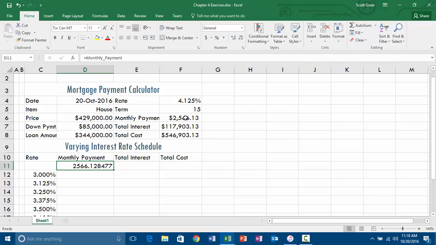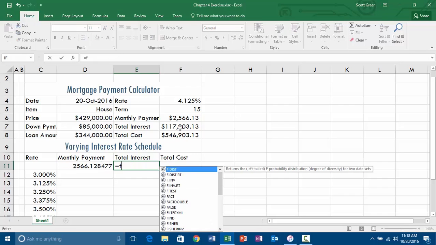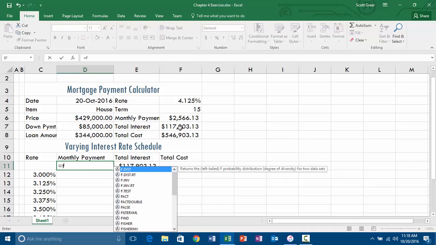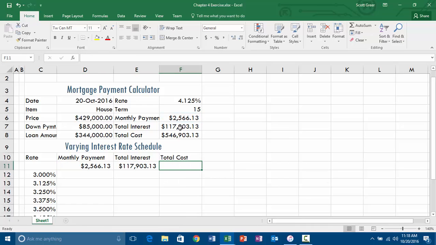No, I'm not format painting yet. Now I'm going to go over to the next one. I'm going to say this equals F7. I want it to be F6 because I'm not going to type in the name. There it goes, F6. And this equals F8.